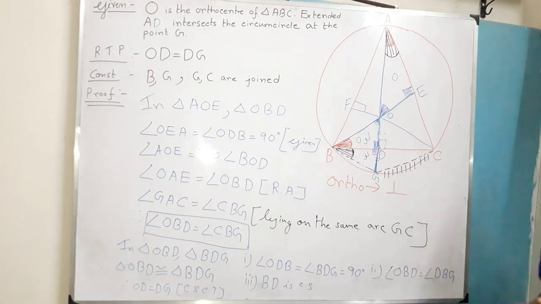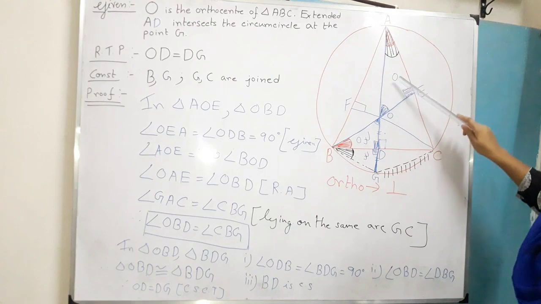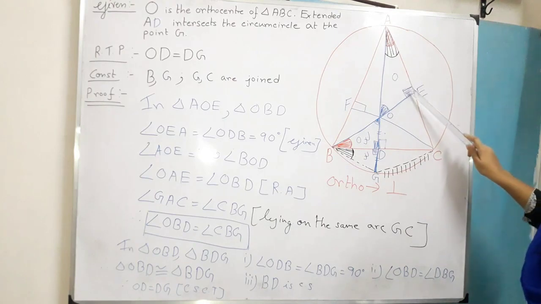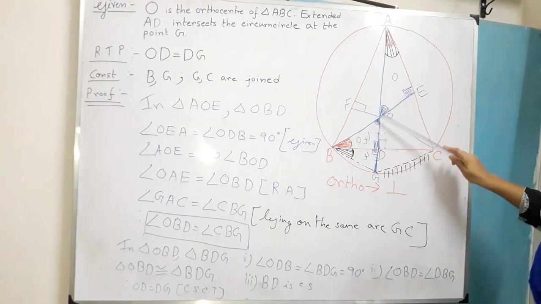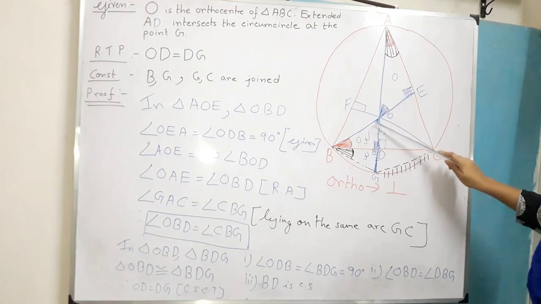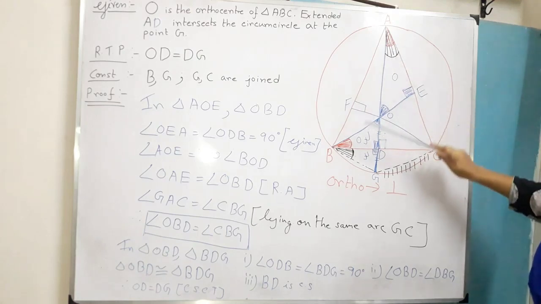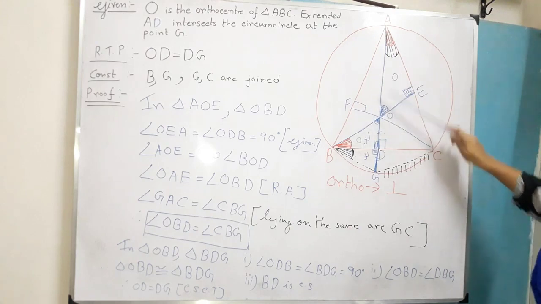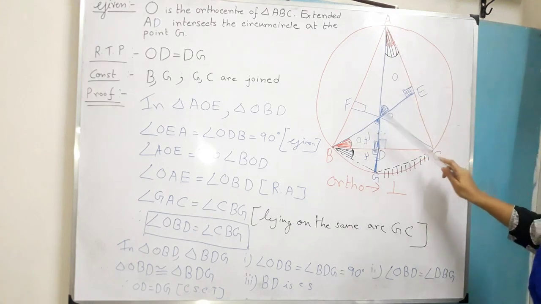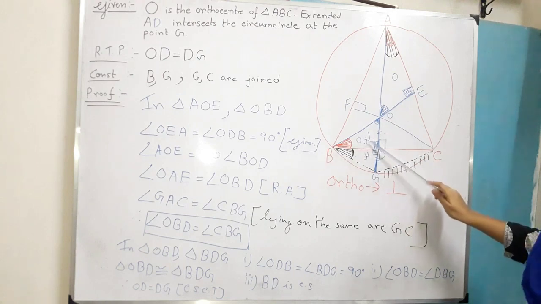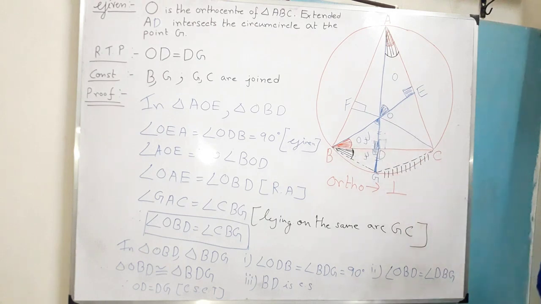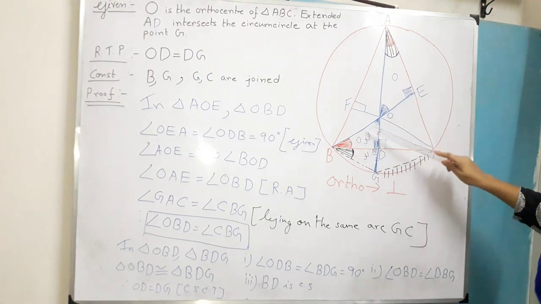Now I will start from these two triangles. Number 1, this one is 90 degrees, this one is 90 degrees. Both are vertically opposite angles. So obviously the remaining angles are equal. That one, angle OAE equals angle OBC or OBD, whatever you can write. Done up to this one. Now I will prove that these two triangles are congruent.